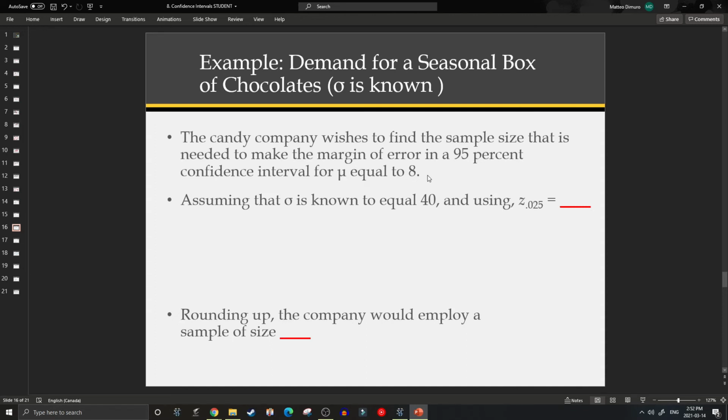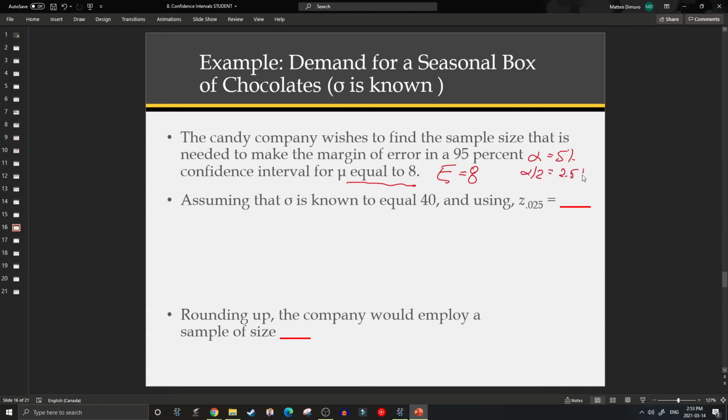So the candy company wishes to find the sample size that is needed to make the margin of error in a 95% confidence interval for mu equal to 8. Okay, so it's talking about the margin of error, so E is 8. What else do we need to know? Well, 95% confidence interval, so your alpha value is 5%.